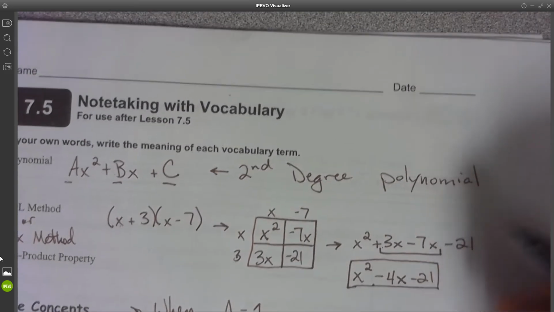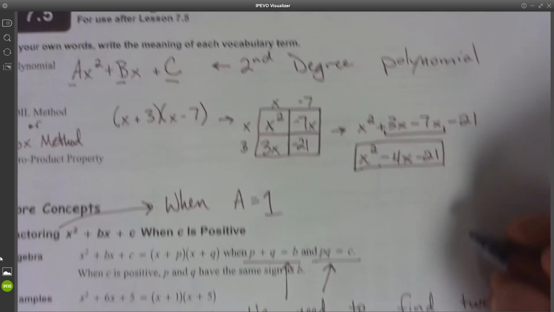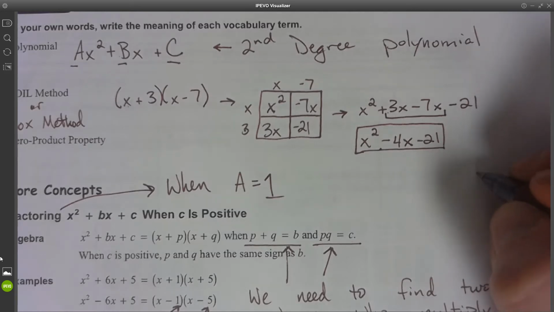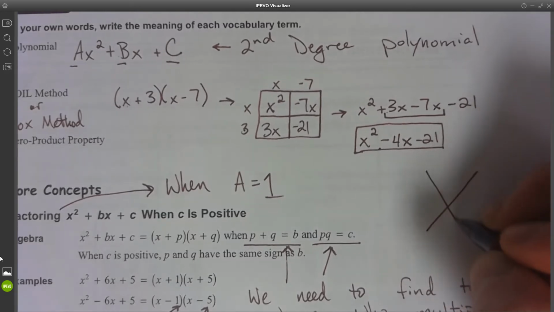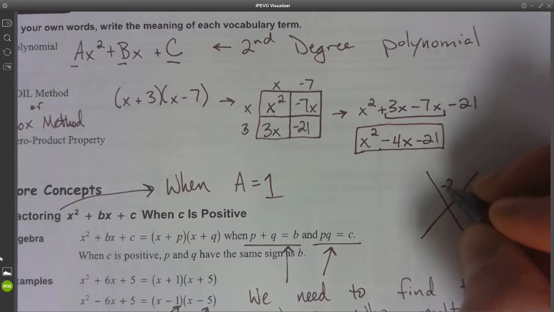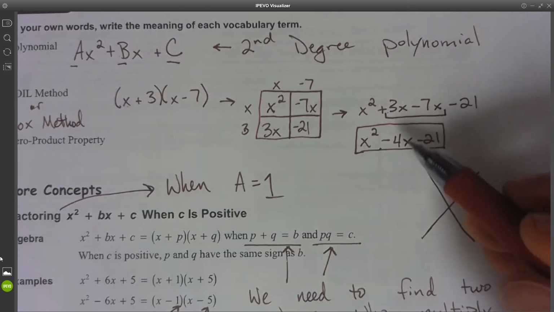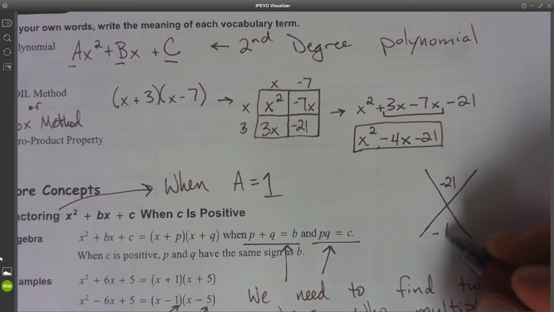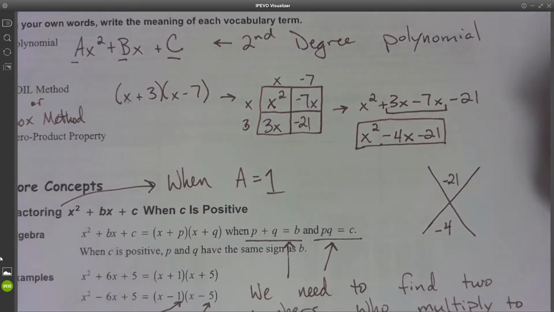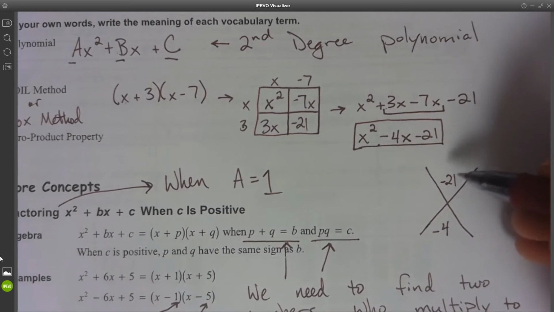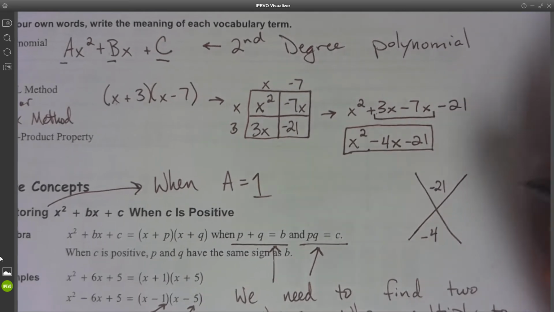So thinking about this one up here, if I had -21 in the top part of my x, my c value, and -4 in the bottom part of my x, then I'd be thinking, okay, what are my numbers that multiply to -21?